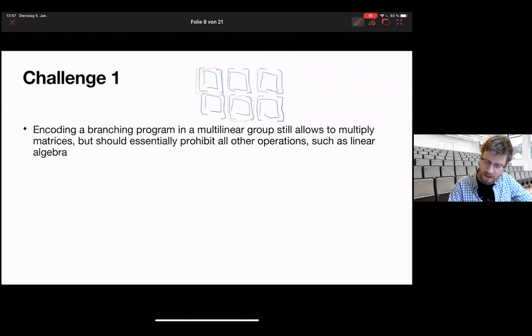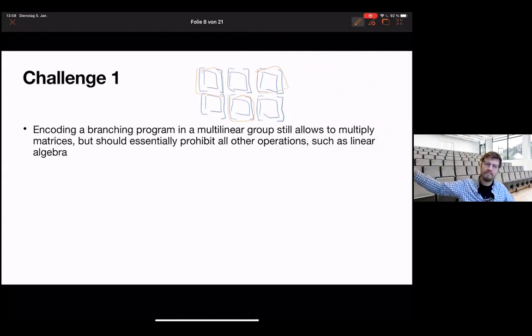I can still multiply them together, but I won't be able to look into these matrices. So I can do polynomial computations on these matrices, that is adding at the same level and multiplying in matching levels. But I cannot look into this.